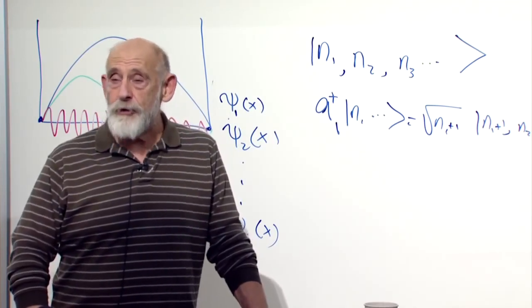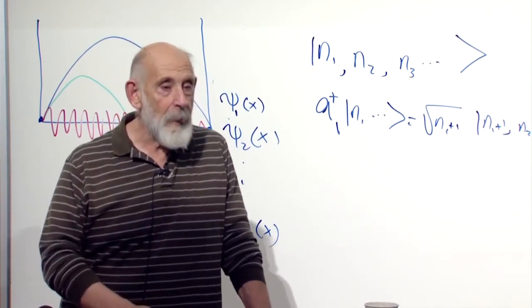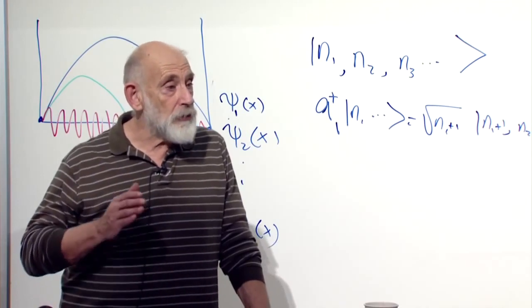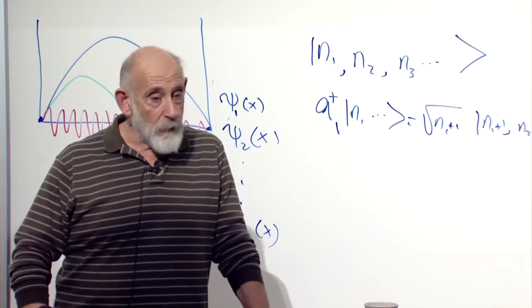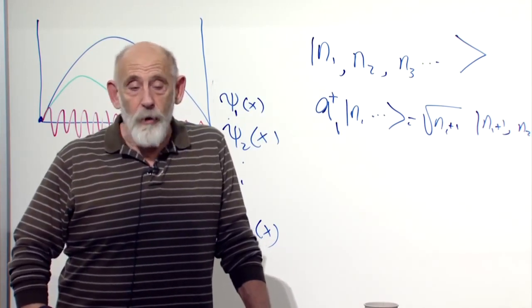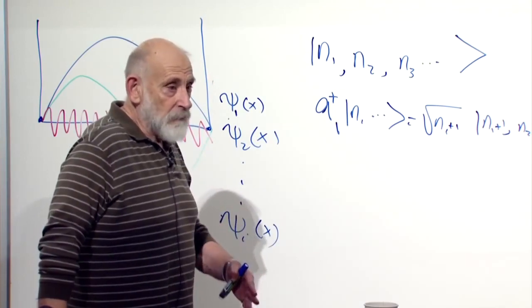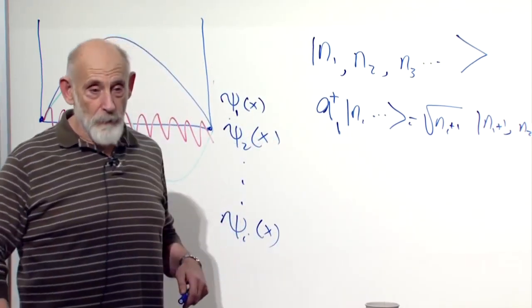Well, it's a useful definition because we want to explore systems of various numbers of particles. In fact, we want to explore systems where the number of particles can change. For example, we might radiate a photon. How would we go about mathematically indicating that we created a photon? We take the state and hit it with a photon creation operator.